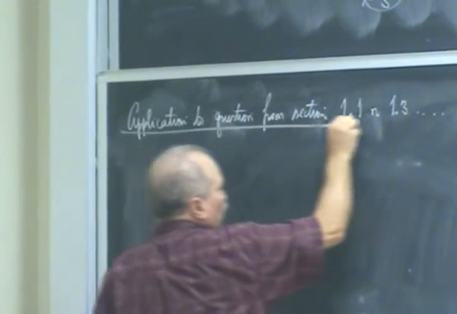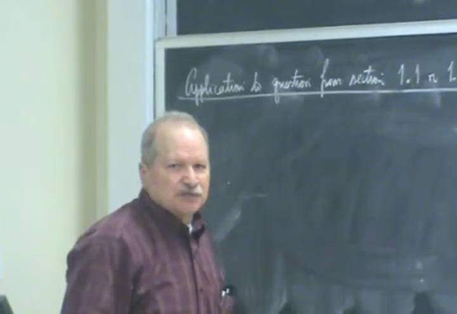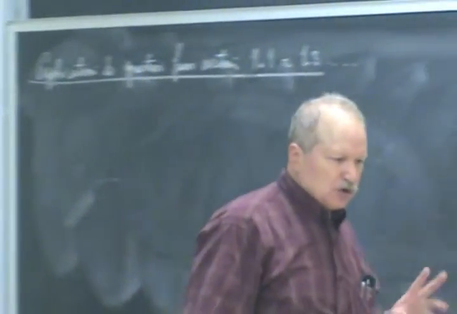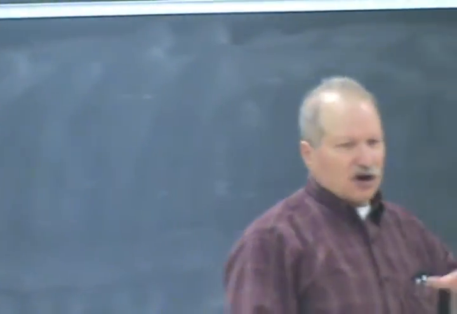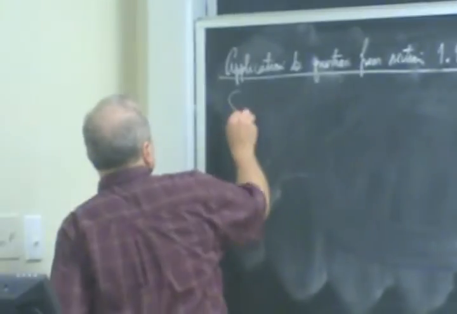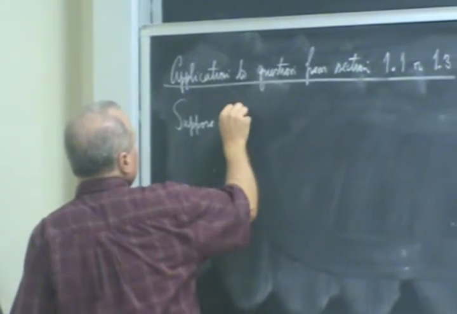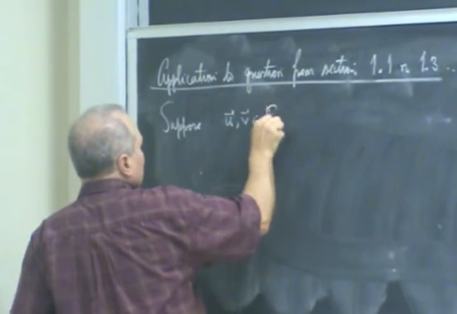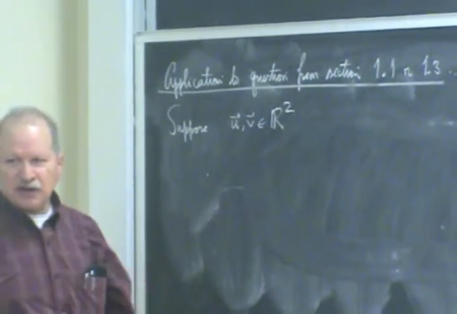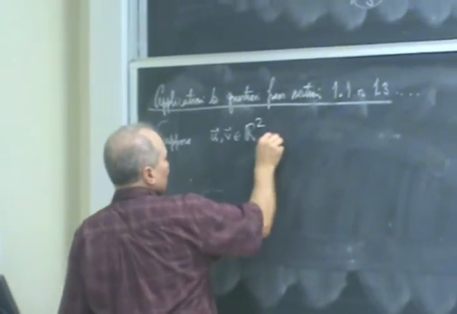It did come up, I don't remember when it came up. Suppose I give you two vectors in R2. So suppose U and V are two vectors in R2 that are non-parallel.